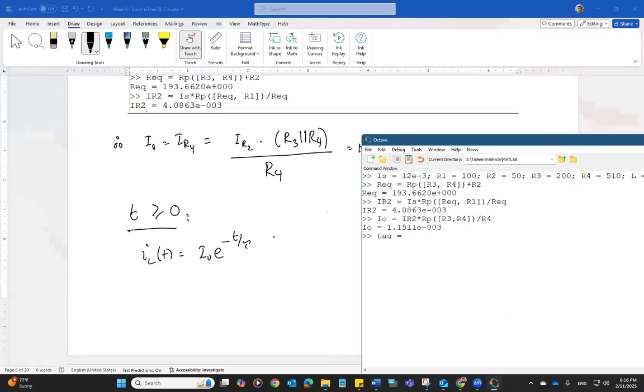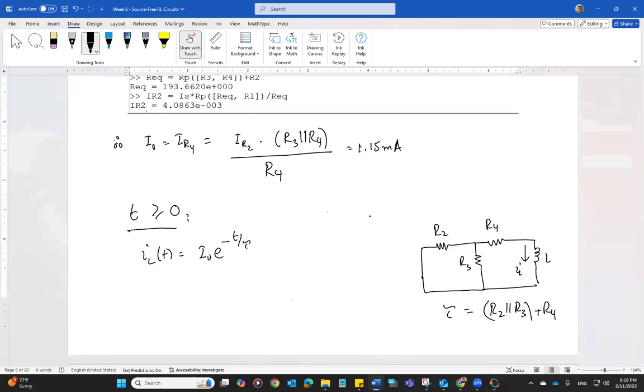Tau is, oh, no, tau is not that, that's R equivalent. Tau is L over that quantity. I keep forgetting about that.